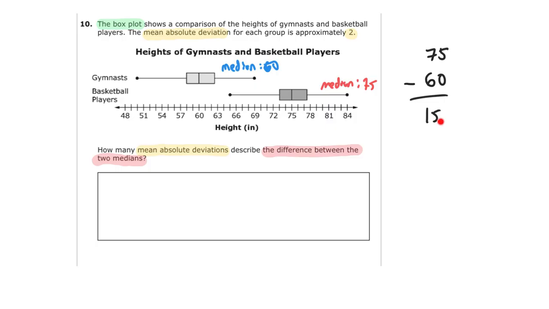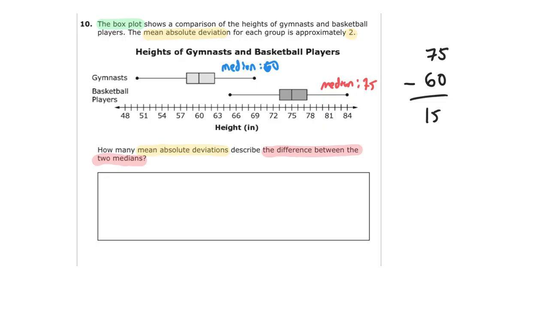But we don't want to make the mistake of saying, oh, the difference between the medians is 15, and then just writing that as the answer. Some students might do that. However, for my student watching, hopefully you're catching the fact that the question is asking how many mean absolute deviations are between these, right? Well, each mean absolute deviation is 2, right?